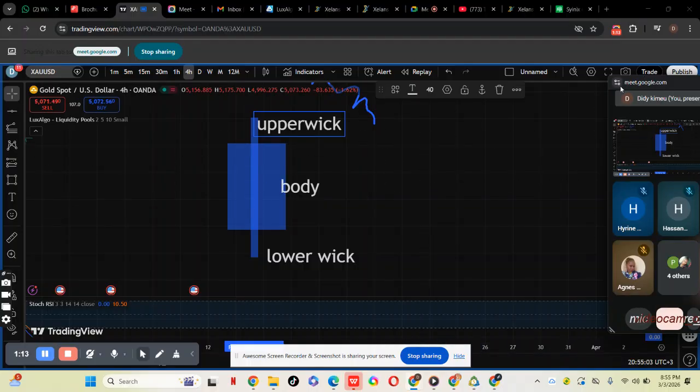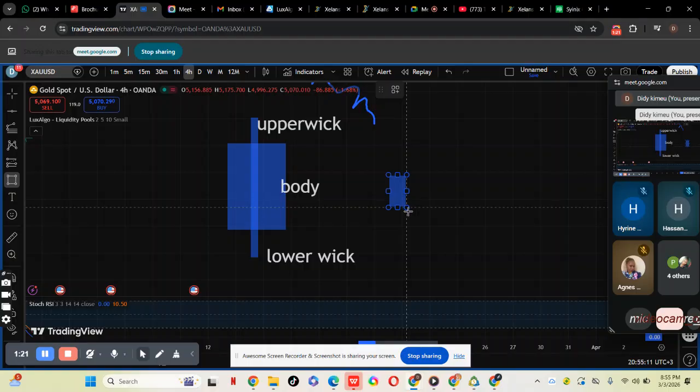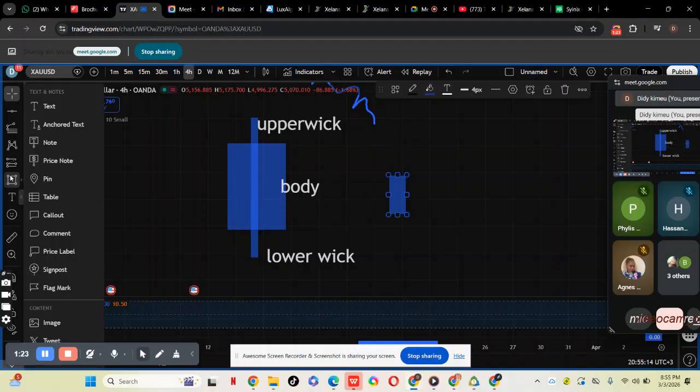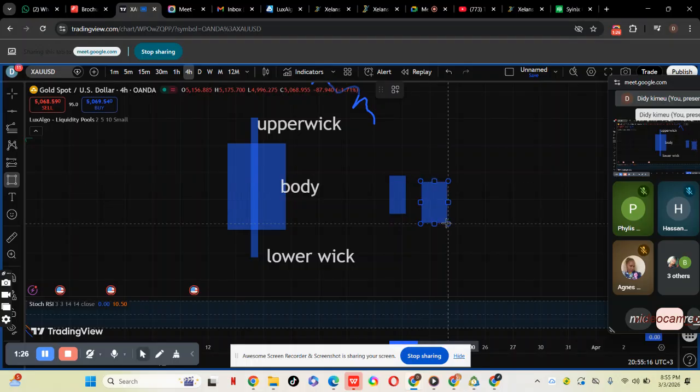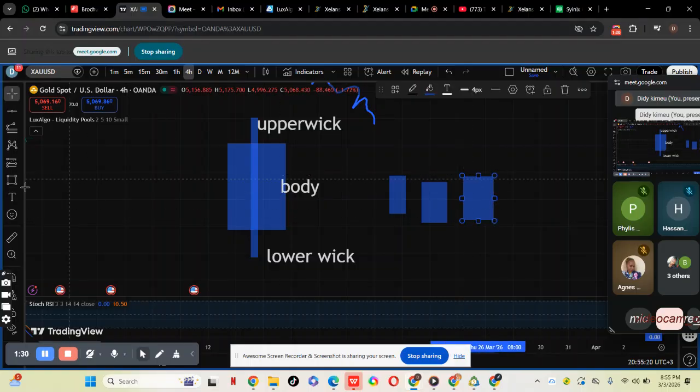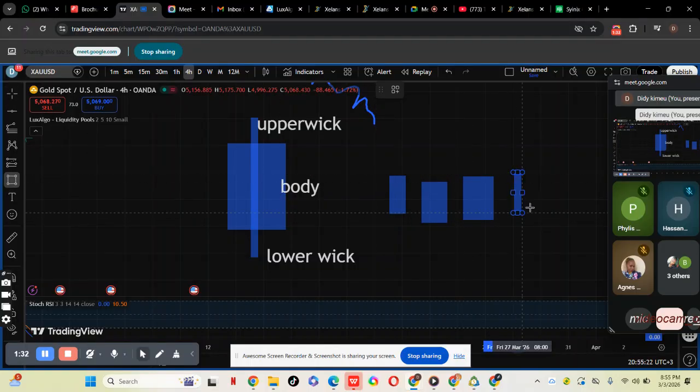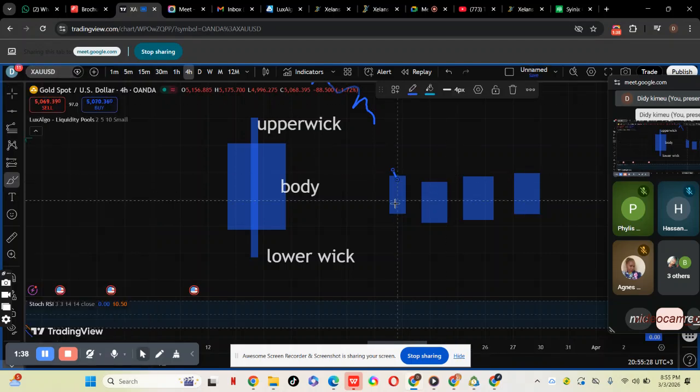Okay. So we have the upper wick, the body, and the lower wick. So how do we identify consolidation? We look at where the candles are closing. If this market is ranging at this region, and the market has different wicks, all these are wicks.